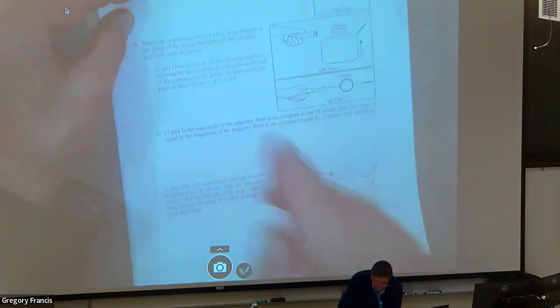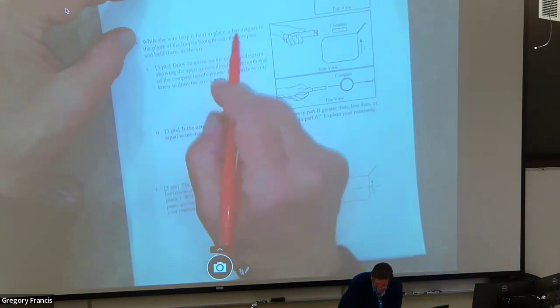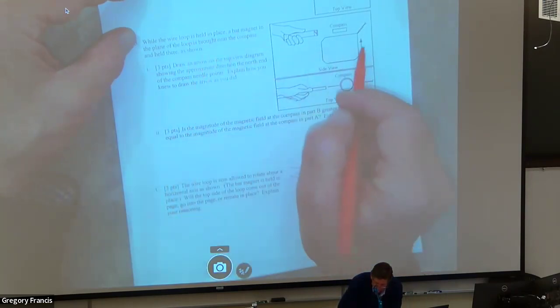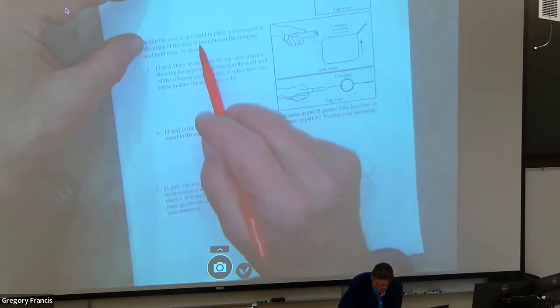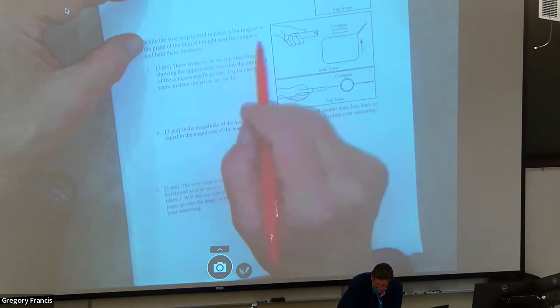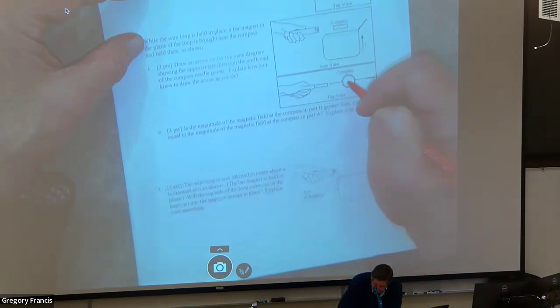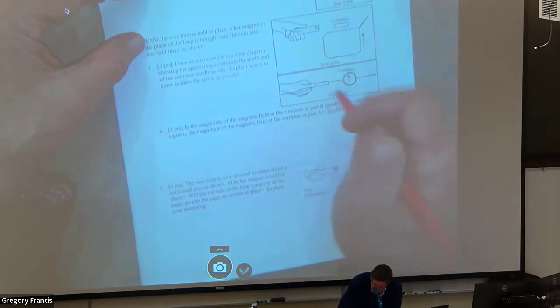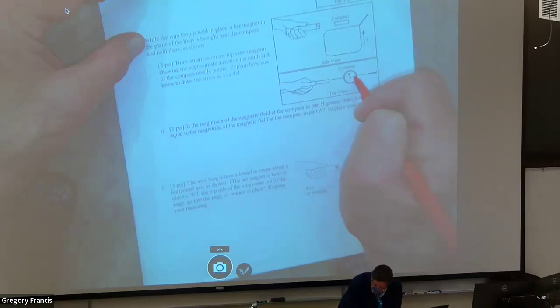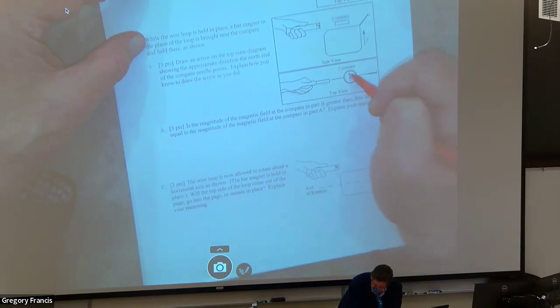Well, now we still have this current in the loop, but now we bring a north pole nearby. And I know that I've got this due to the loop, and I'm going to have this due to the bar magnet, and that's going to give me something in between.